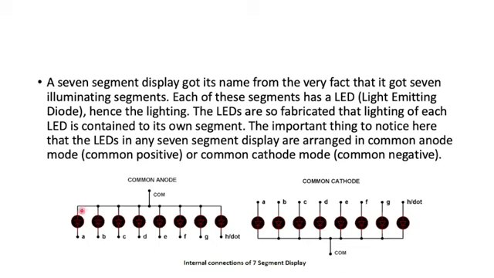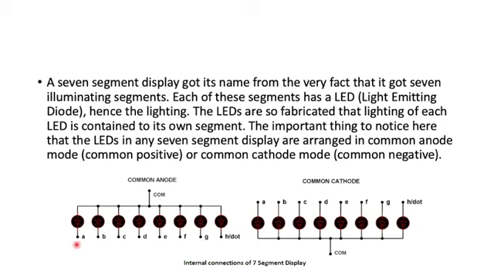In common anode, the anodes of all the 8 LEDs are connected to plus VCC or plus 5 volt as the anode supply, and the cathode end has to be interfaced to the output pin of any microprocessor, microcontroller or digital IC.